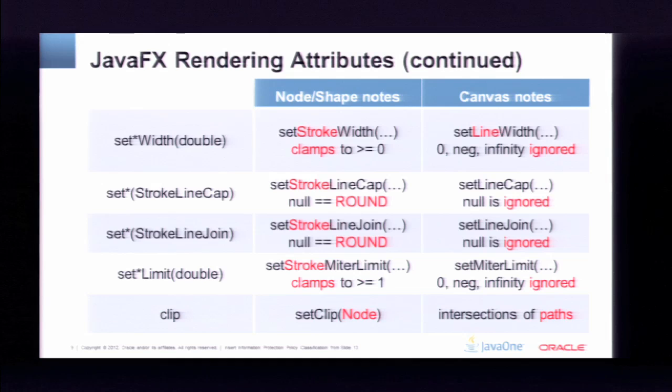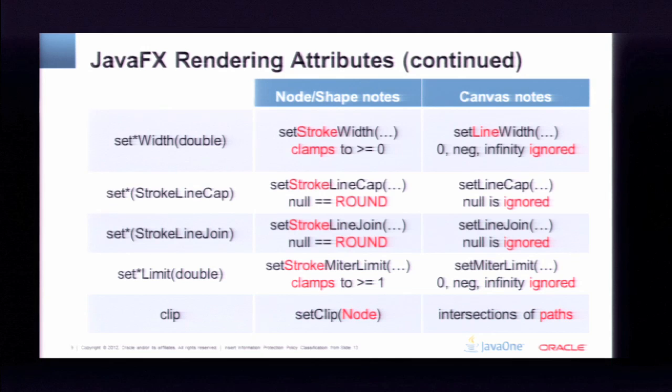For example, width: the shape node will allow you to set it to anything, but it will clamp it to be a positive number. Canvas has specific rules that we adopted from HTML5 about ignoring 0, any negative number, or any infinity, and just not changing the value.